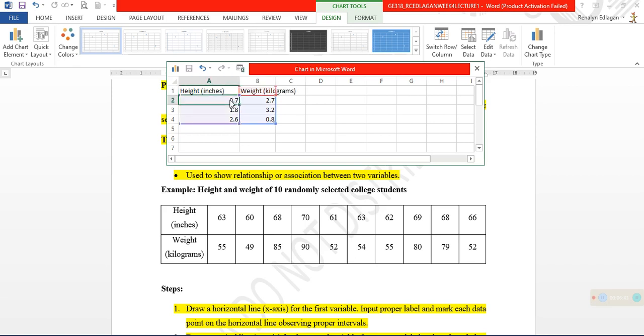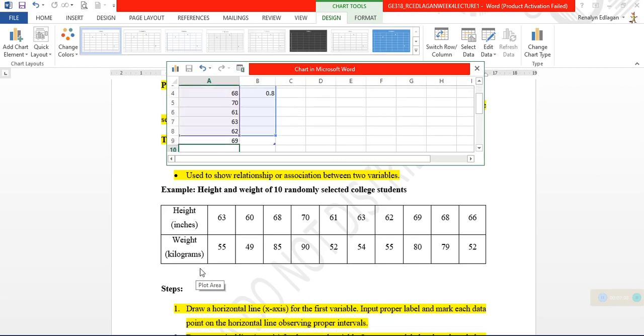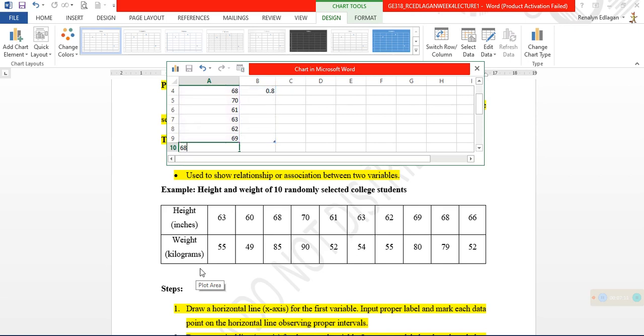Now, let's input our data points or data set. The first respondent, his height is 63. That's me. Next, the next respondent, 60. Next respondent, 68. Next respondent, 70. Followed by 61. Followed by 63. Next is 62. Followed by 69. 68. And finally, we have 66.